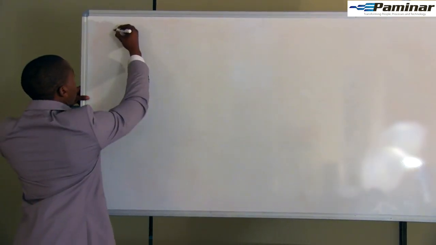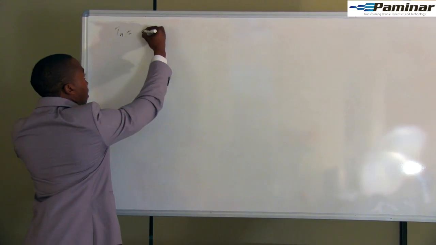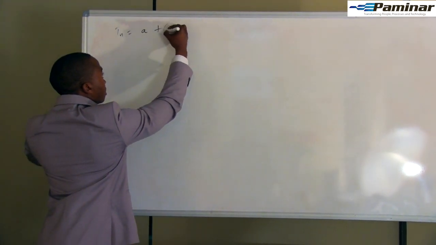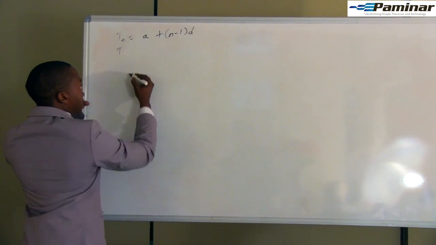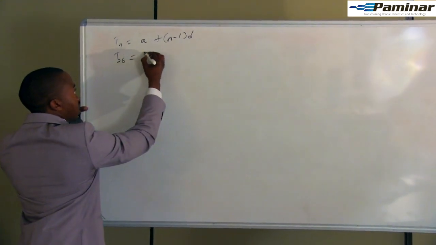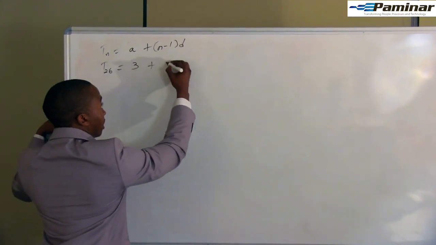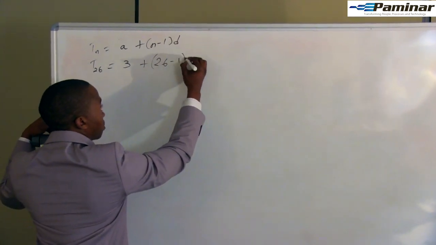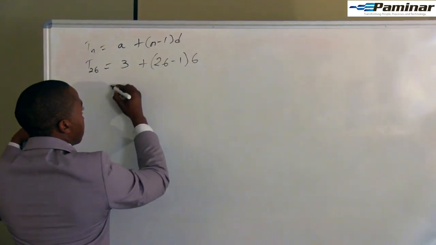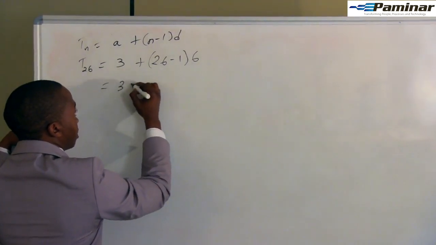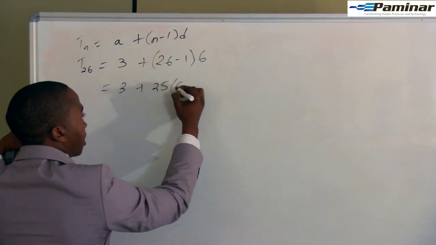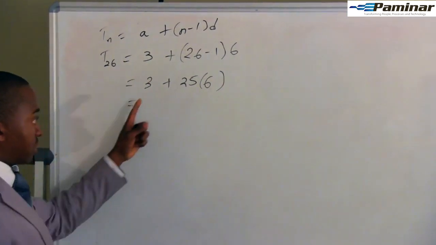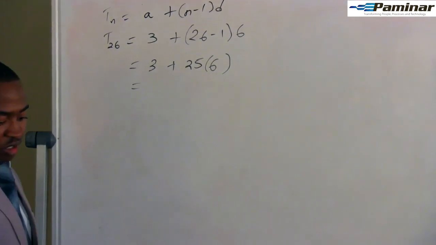The general formula for an arithmetic sequence is a plus n minus 1 d. We're trying to get T26. We know our a is 3, our n is 26, and our common difference is 6. Then this should give you 3 plus 25 times 6. If you put that in your calculator, what answer do you get?